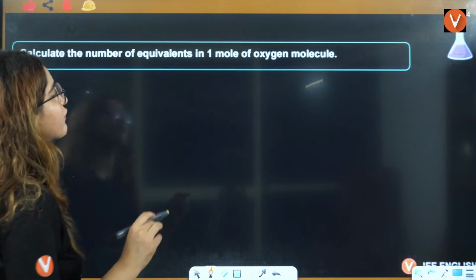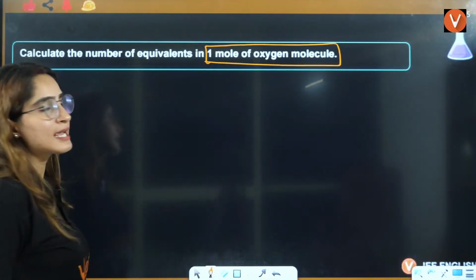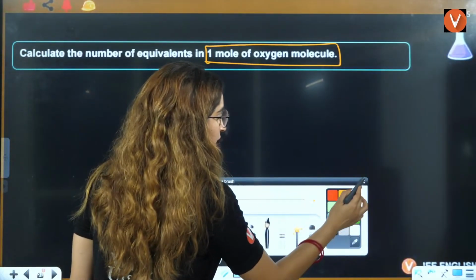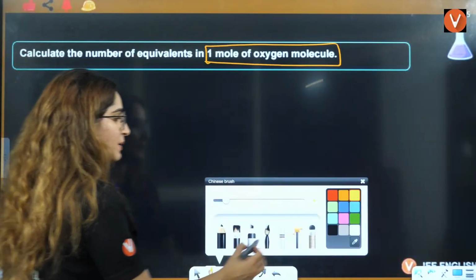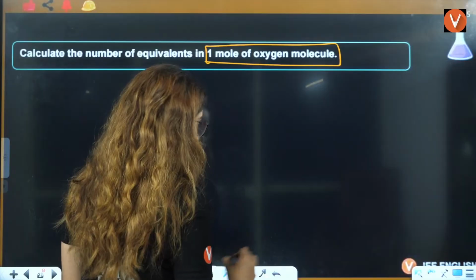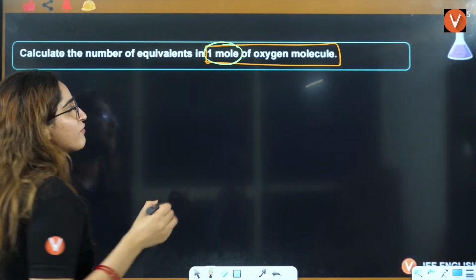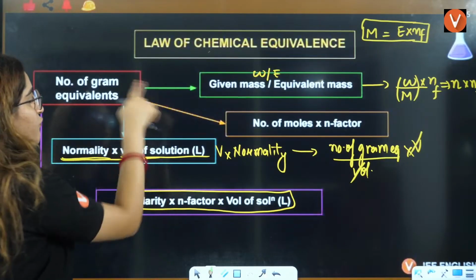Calculate the number of equivalents in 1 mole of oxygen molecule. See, simple thing is, they have given you moles here. Whenever you want to calculate the gram equivalents in terms of moles, tell me what is the formula?